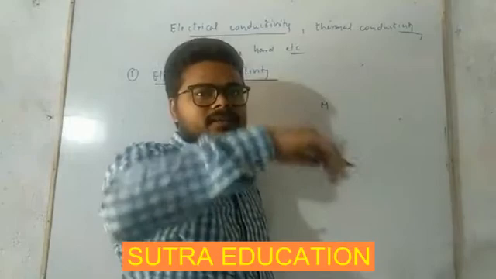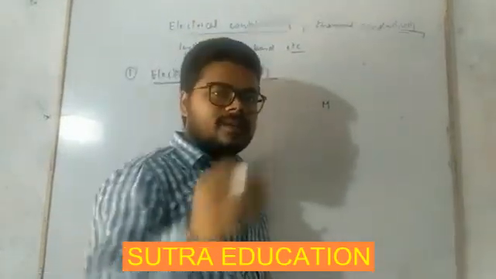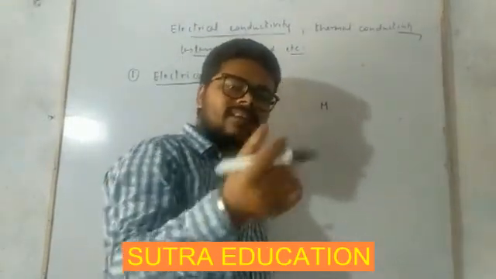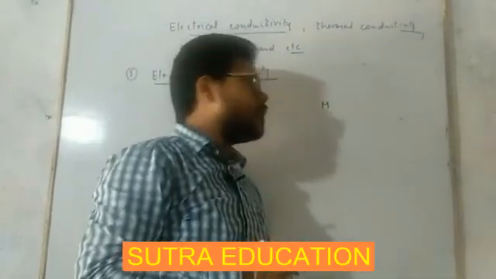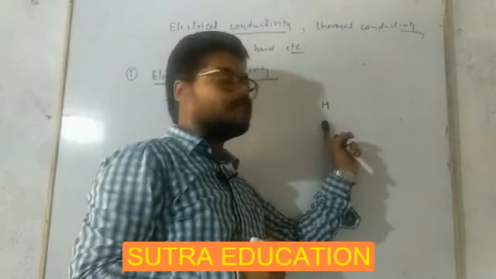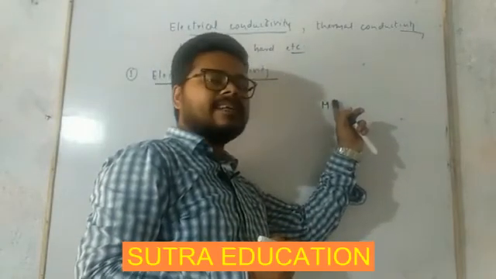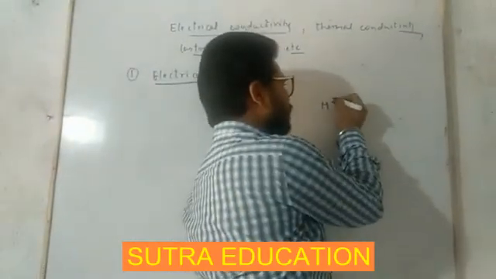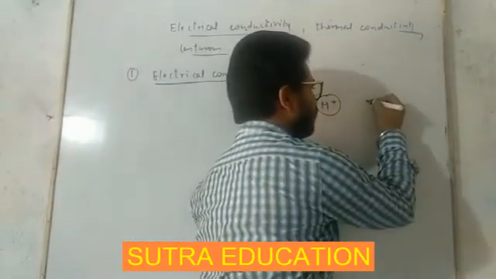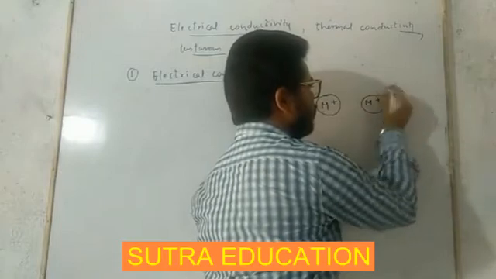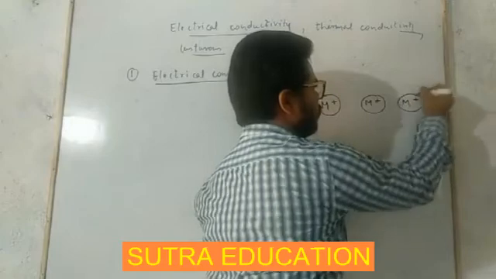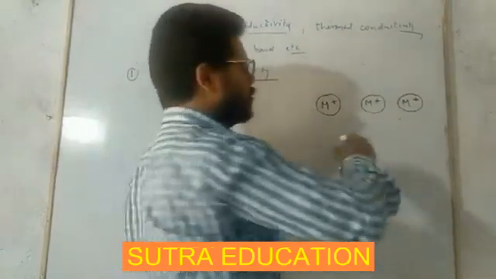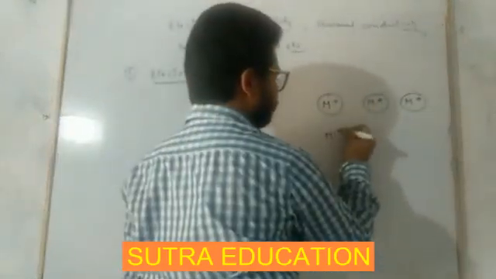As valence electrons come out from the metal atom, a positive charge is assigned to this metal atom. So we say all these are M plus, means kernels. I told you, all these are kernels.